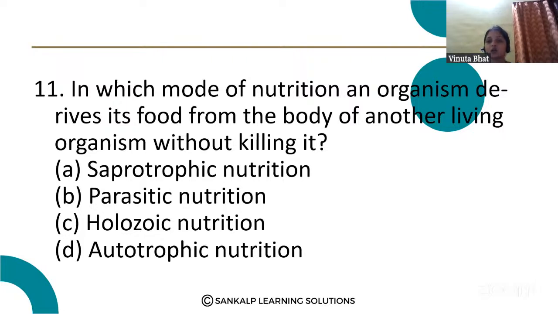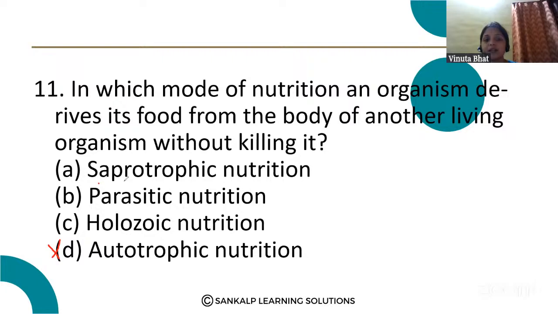Here, autotrophic nutrition means the organism which prepares its own food, using materials found in nature, for example, sunlight, water, and minerals. So autotrophic nutrition is the wrong one.